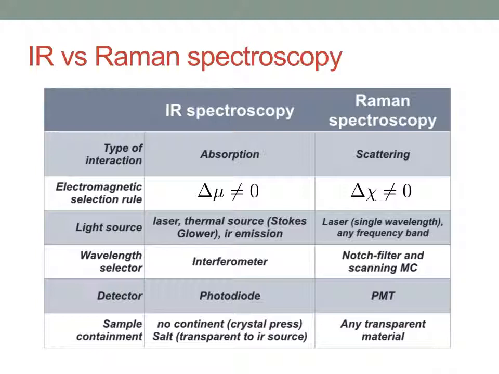My light sources, traditionally with infrared, I used a thermal source, some infrared emission. Nowadays it tends to be a laser combined with an interferometer. Raman spectroscopy uses a laser. It's the only thing that will give me the intensity of the light, but it doesn't need to be an infrared laser. It doesn't need to be a red laser. It can be any wavelength of laser because I'm looking at a scattering from the sample.